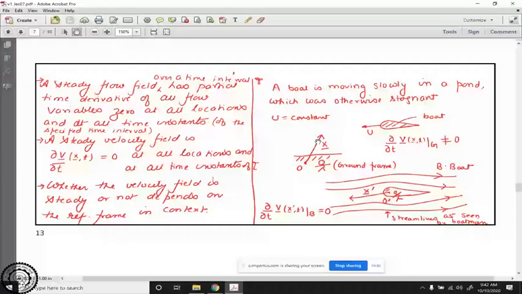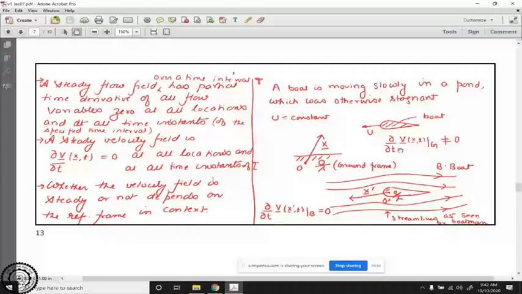If the boat is far away from where your x is, you won't expect any disturbance. The velocity will be zero. But as the boat keeps coming nearer and nearer to this arrowhead of x, you will expect some velocity being generated in the pond, right? And that's why I'm saying that this observer will see an unsteady velocity field.